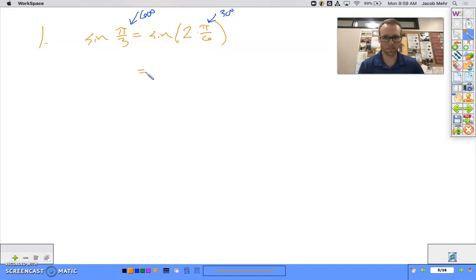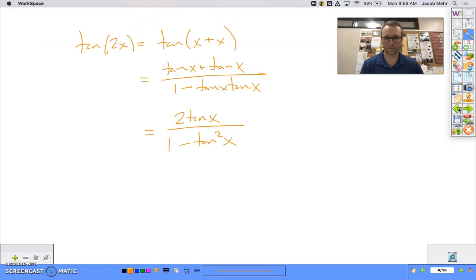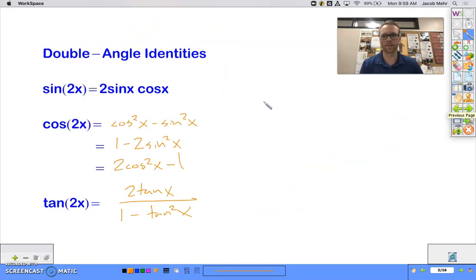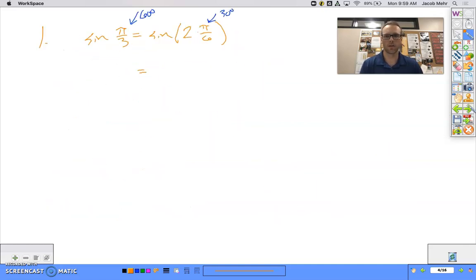So this allows us to use our double angle identity now for sine. And sine, double angle identity, is 2 sine of x cosine of x. So I'm going to put a 2 here, and I'm going to take the sine of our angle, pi over 6, not the original, okay, not the original here, pi over 3, but the angle that is double of, which is pi over 6.